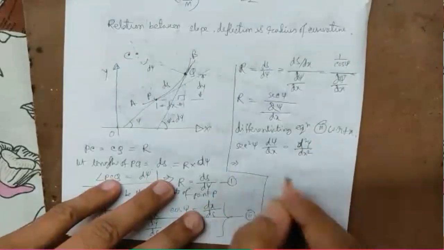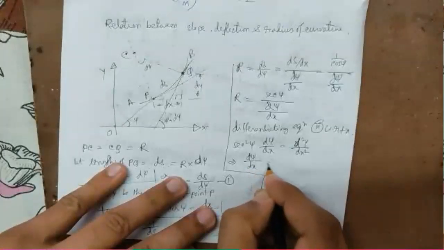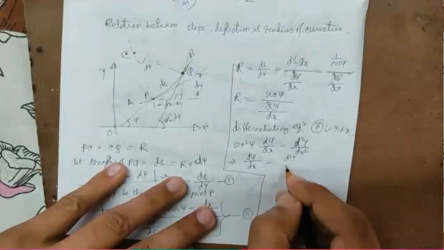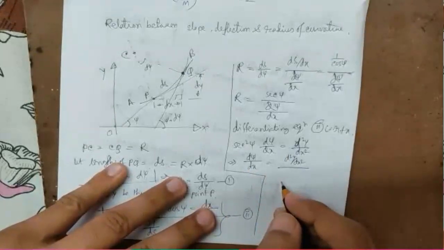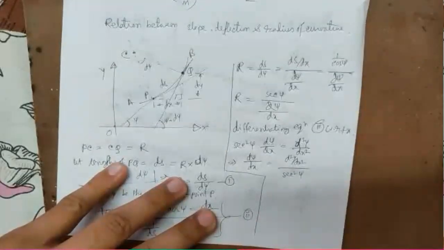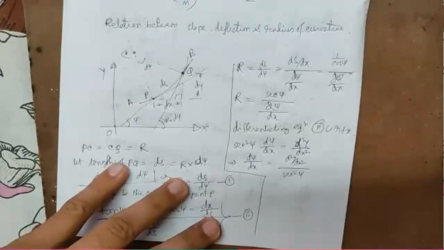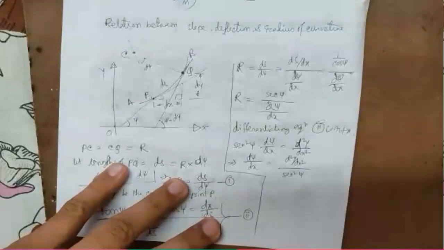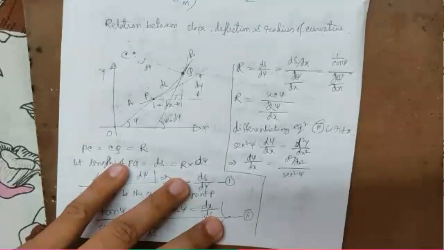So from here we can write d psi by dx is equal to d2y by dx2 divided by sec square psi. We can write that just simply by keeping the sec square psi from the left hand side to the right hand side. Now we have found d psi by dx.